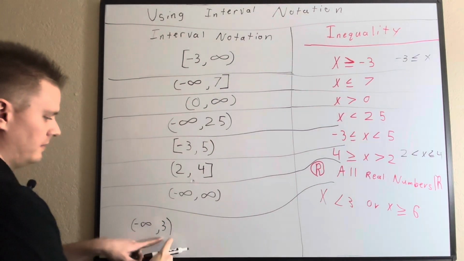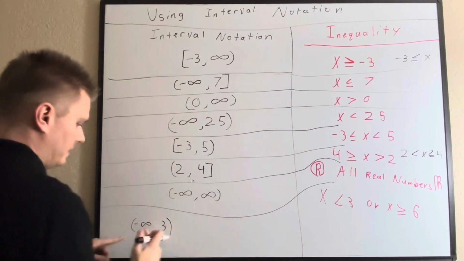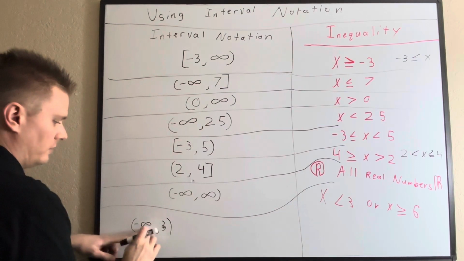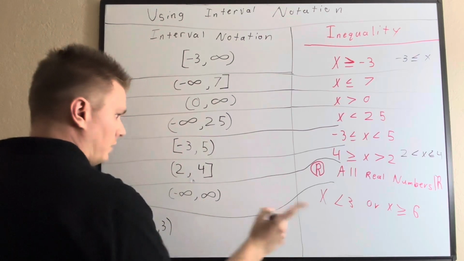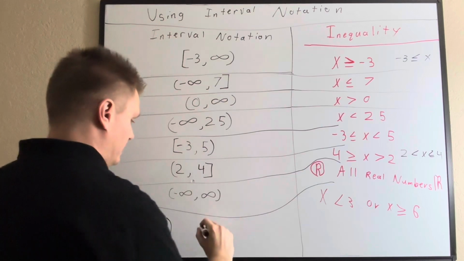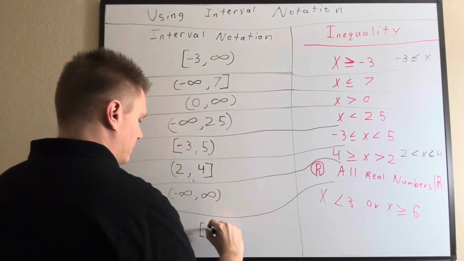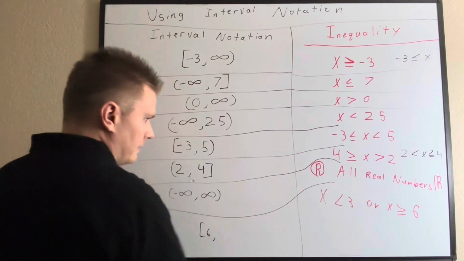Negative infinity, comma, 3, parentheses, because we're not including the 3, right? We're less than 3, so we're going to the left. So we include all those numbers, right? Or x is greater than or equal to 6. So we got 6 there, and we're greater than, so we're going to the right, right?